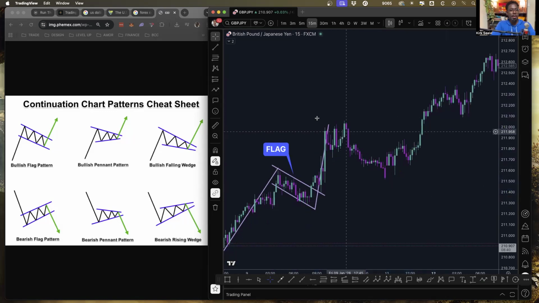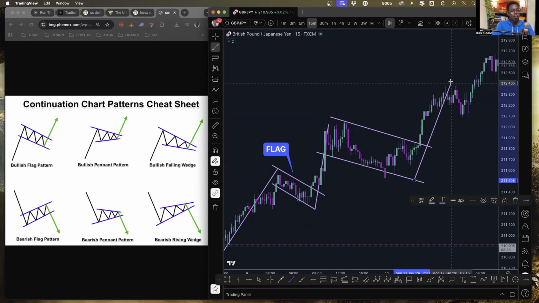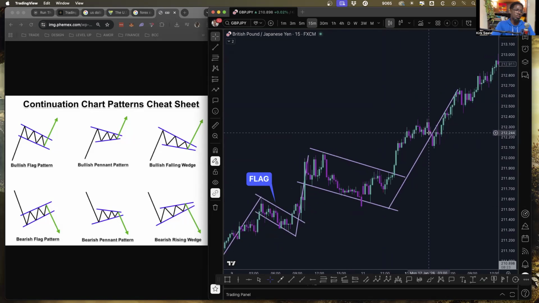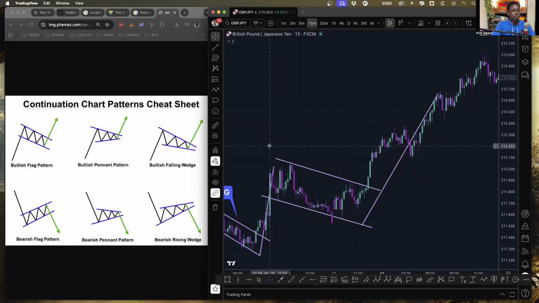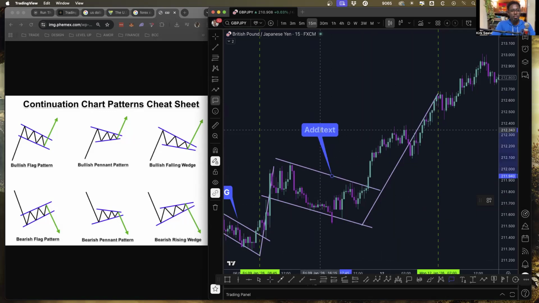We're going to do the same thing, a little dot-to-dot situation. What about this one now, the second one? Flag, pennant, or wedge? All right, flag again.